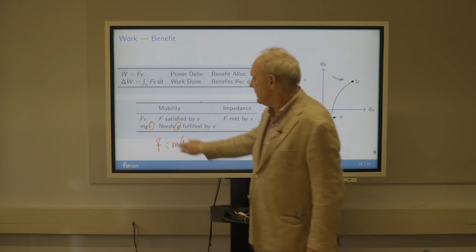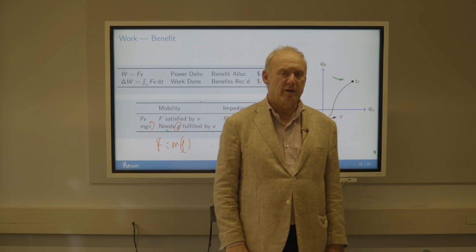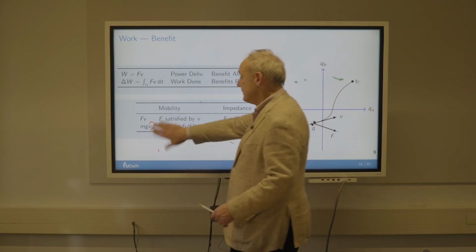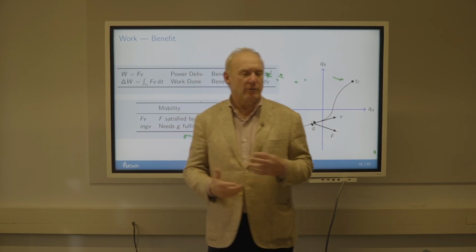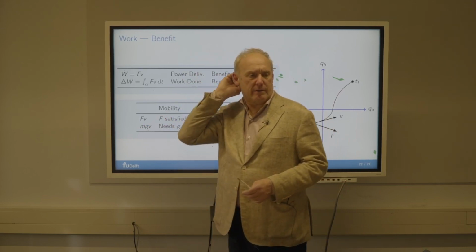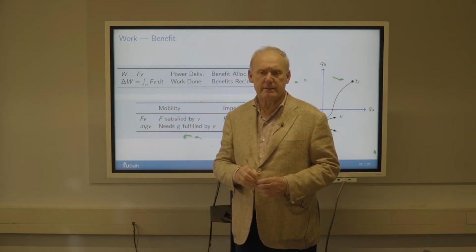I like to think of needs as an acceleration, because it's about the goods, not about desire. Anyway, these are just some colorful ways of thinking about how this concept of power applies.